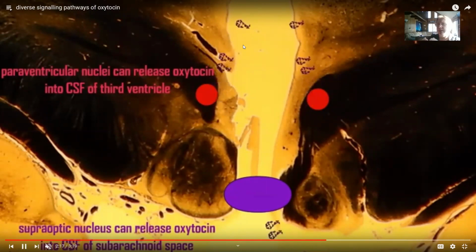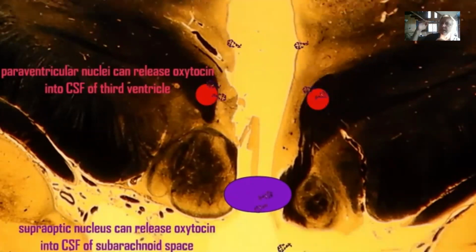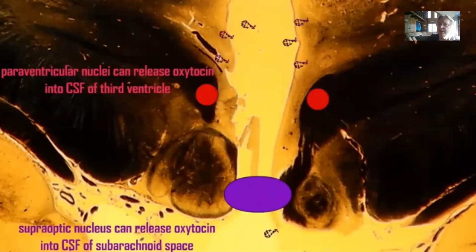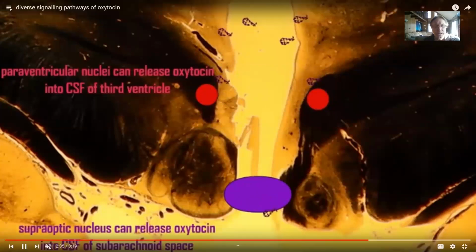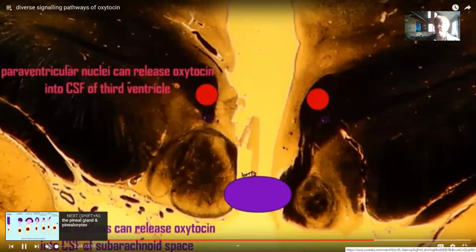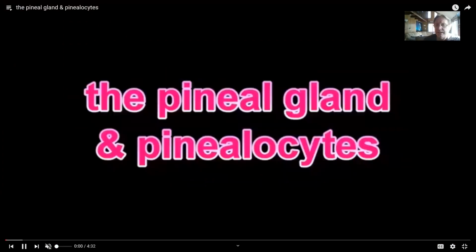So when blood levels of oxytocin go up or go down, is the level in the cerebrospinal fluid going up and down by the same amount? No. So not only are there different possibilities of spreading oxytocin, but they are regulated differently and apparently in different scenarios.